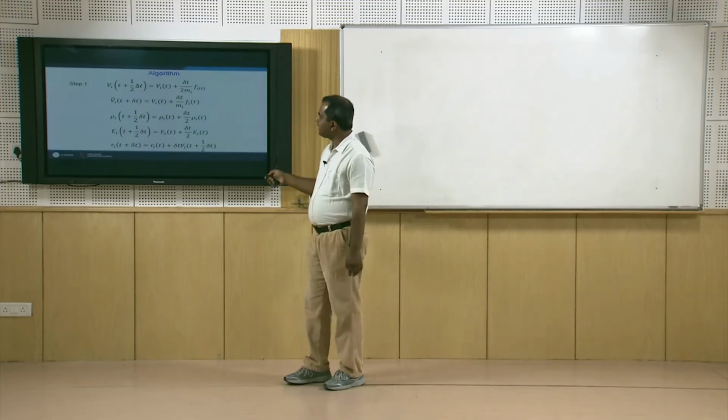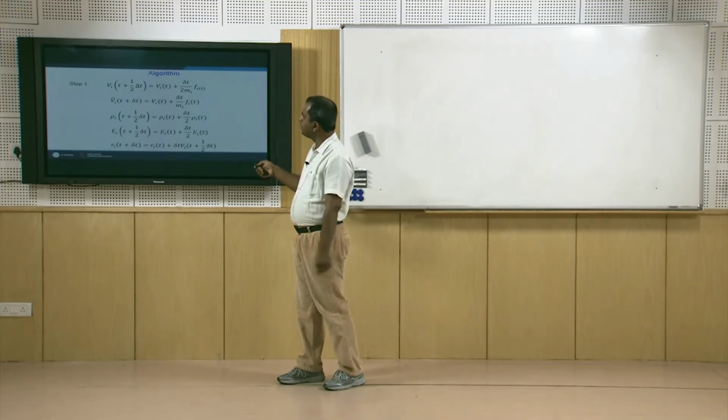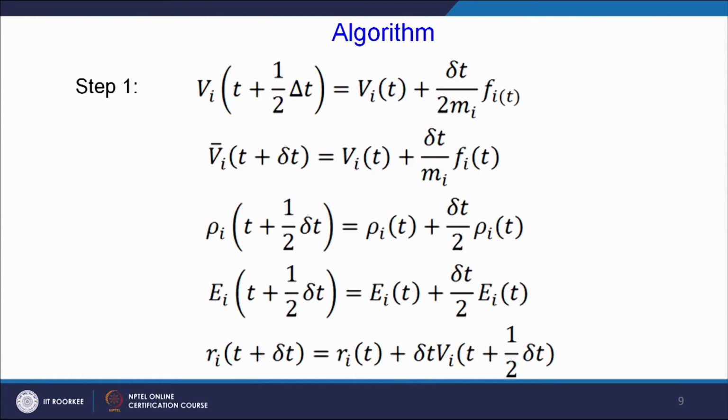Using Vi t, which is the velocity at the tth time level, we find some intermediate time level, which is nothing but t plus del t by 2, some half time level we can say. We find it using Vi t plus del t by 2 is equal to Vi t plus del t by 2 mi Fit.